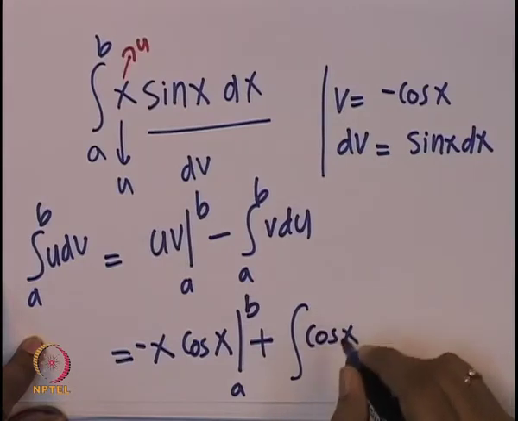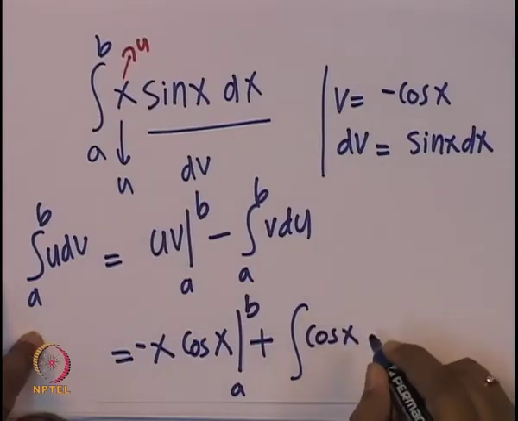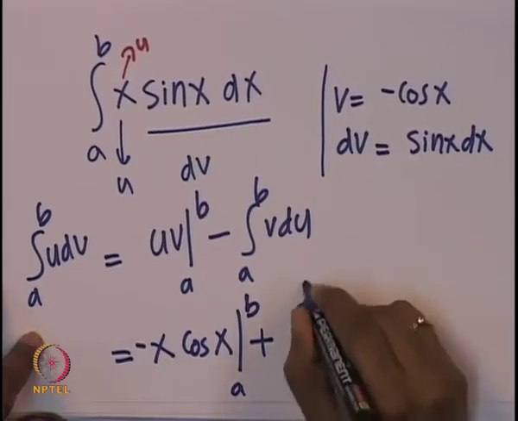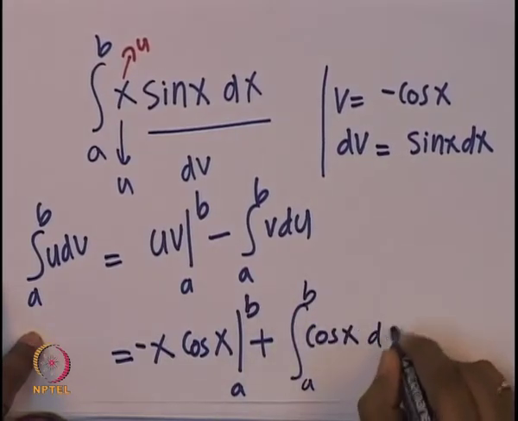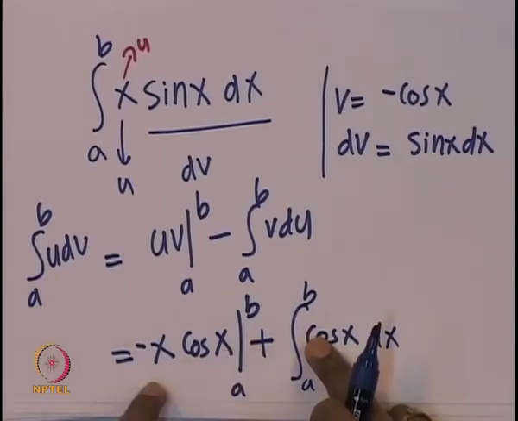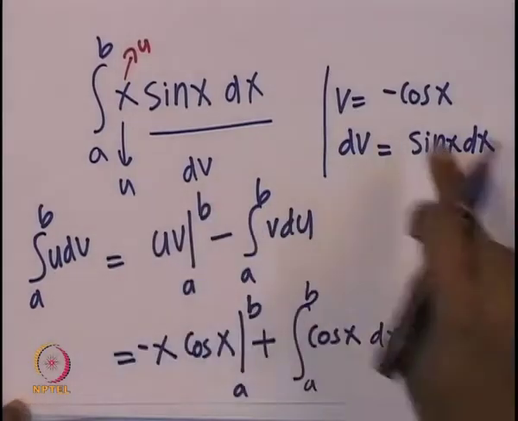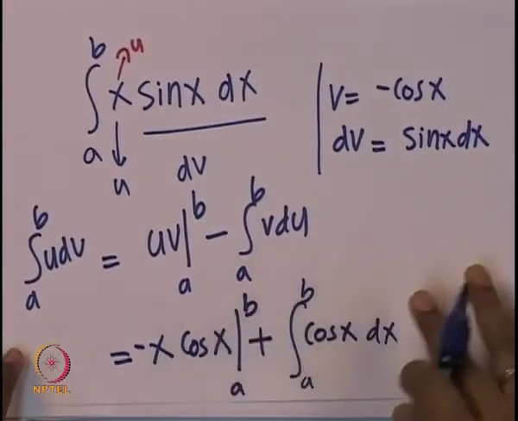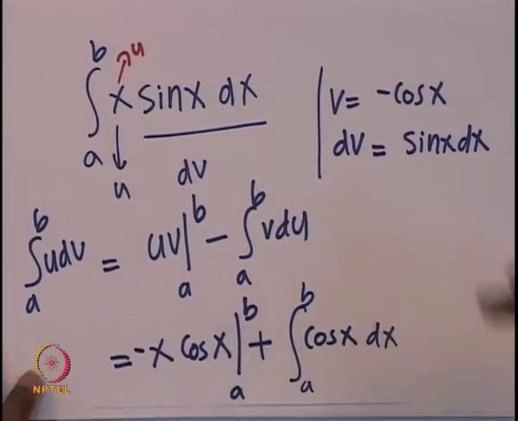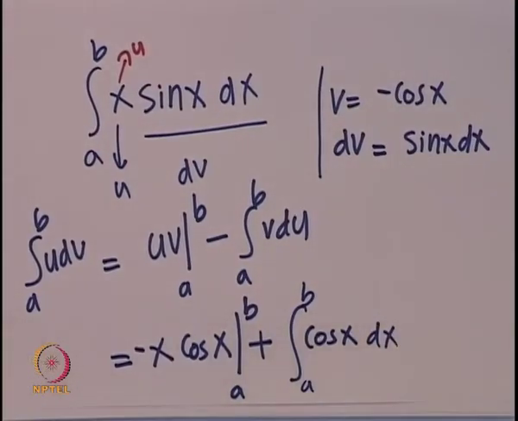So, this is nothing but the integral of cos x, which we already know the answer to. This integral can be easily done. This is the trick of doing this integral, and you can use this particular idea in the coming lectures.